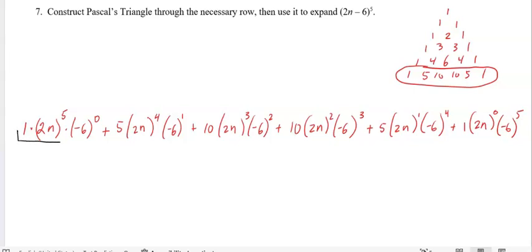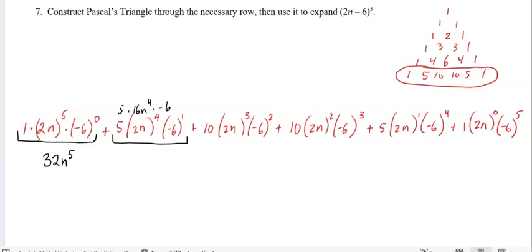So term 1 is going to come out of multiplying all of this together. So 2 to the 5th times n to the 5th is 32 n to the 5th. And of course, negative 6 to the 0 is just 1. All right, term number 2. I'll do a little work up here. 5 times 2 to the 4th times n to the 4th is 16 n to the 4th times negative 6.